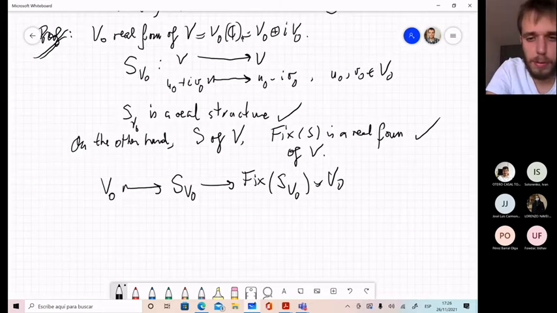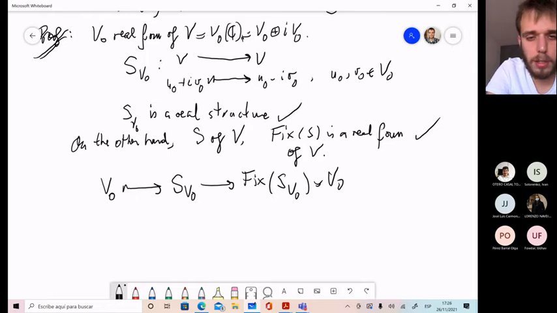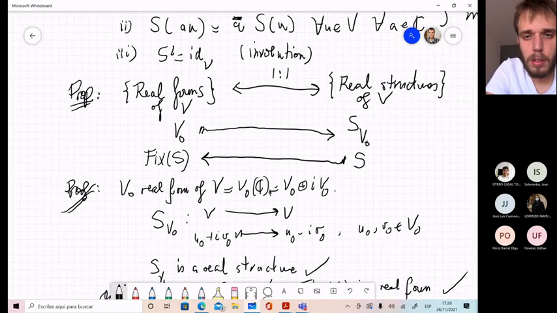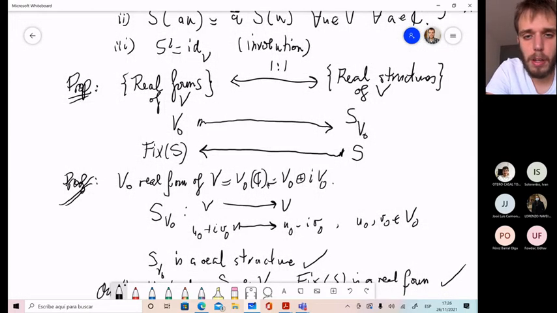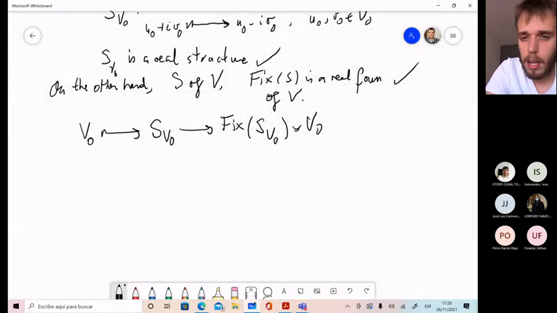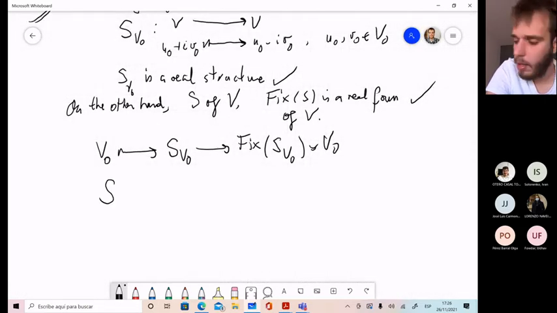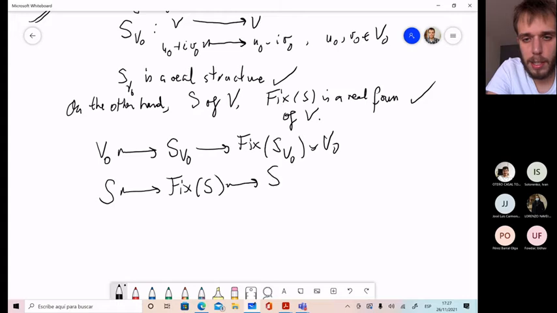This is one way to see this composition of maps, right? And the other way is you start with S, a real structure. You look at the set of fixed points of S, and then you look at the real structure associated with the set of fixed points of S, okay? And you can prove that this is equal to S.